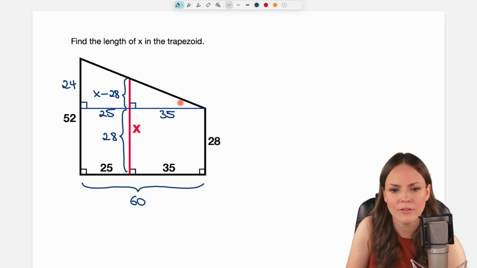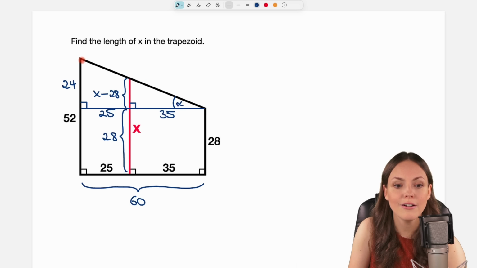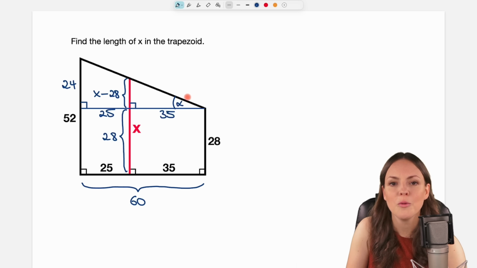This angle here, for example, I call it alpha. Alpha is part of the small triangle, and alpha is also part of this large triangle, which means that both triangles have the same angles, which means that both triangles are similar to each other, which is great because then we can use the following.